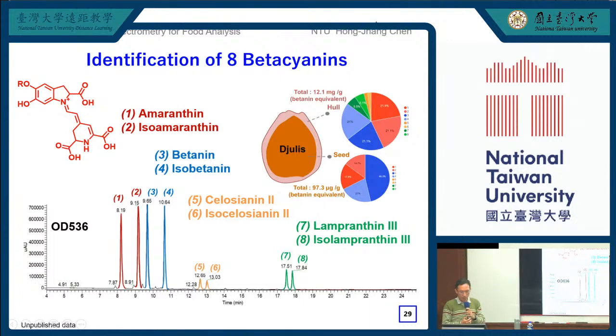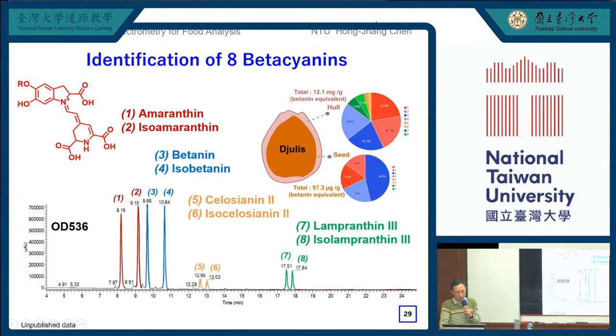A simple experiment shows that if we use a simple unit-resolution MS technique, in this case a linear ion trap, we can identify eight types of beta-cyanins in the Julius. And of course, we can find how many beta-cyanins exist in the seed or in the hull.